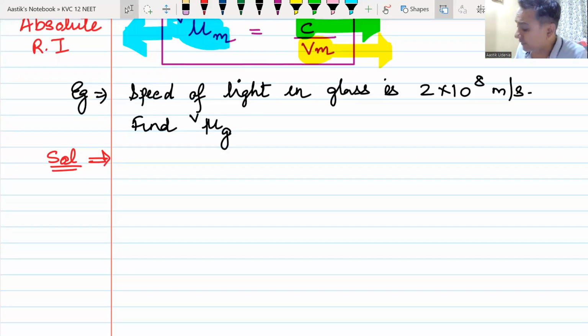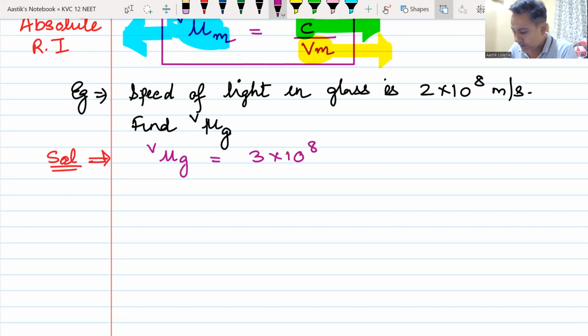So how do you find the refractive index of glass? Mu of glass with respect to vacuum or air. You simply divide the speed of light in vacuum, 3 into 10 raised to the power 8, by the speed of light in that medium, and you get this number.